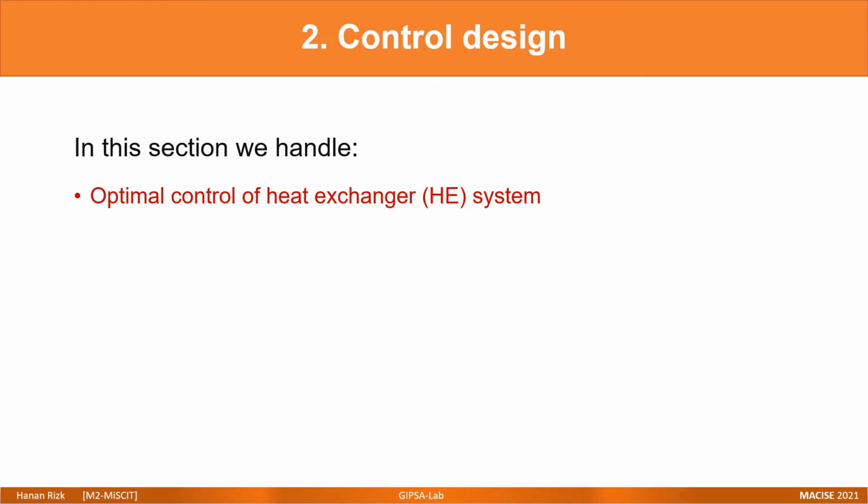We propose a gradient descent algorithm which is easy to understand and implement and whose convergence is ensured, to solve this control problem of the heat exchanger system we handle.